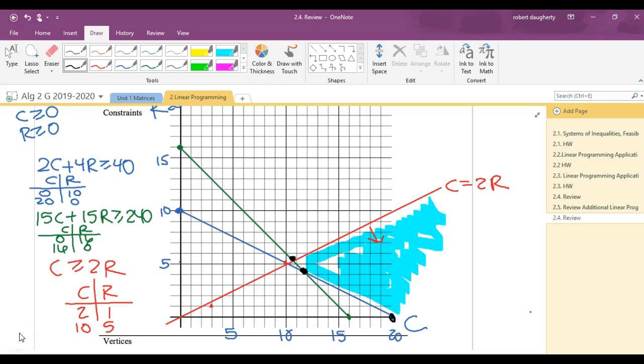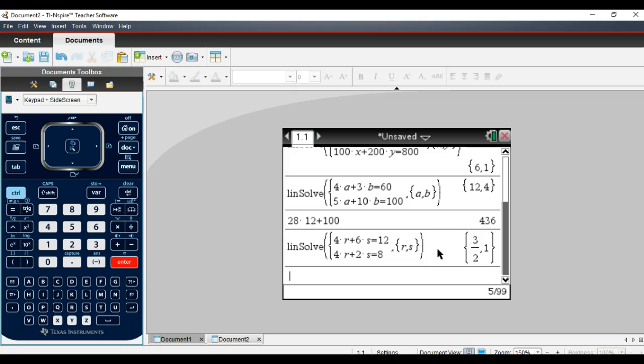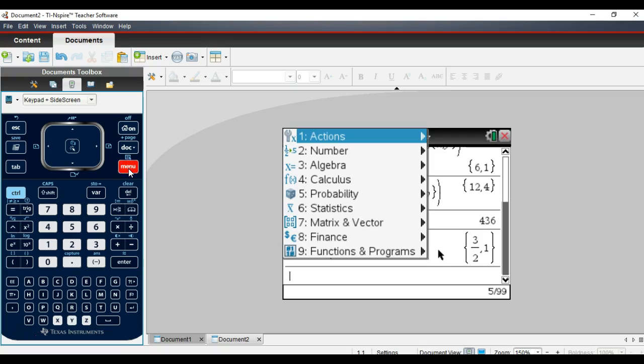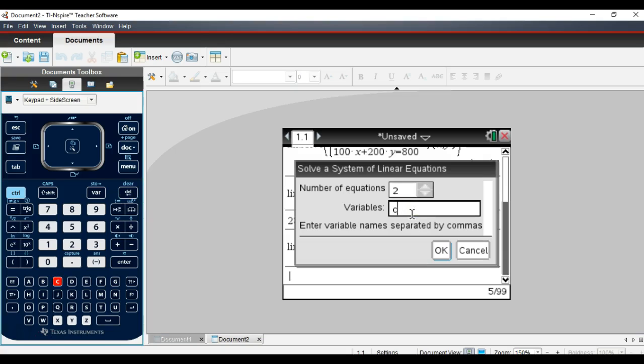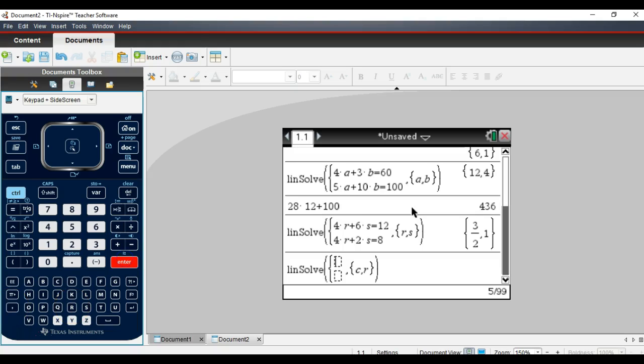Where the red and the green lines intersect. So I go to my calculator: menu, algebra, solve, 2 variables. My variables are C, comma, R, and enter.